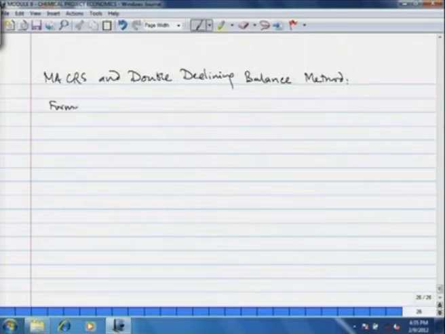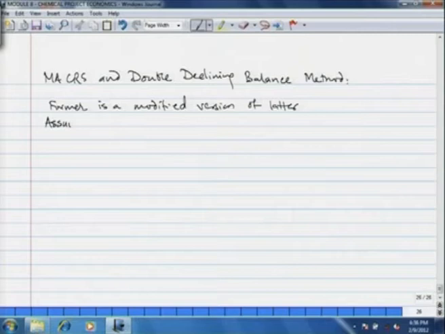The former, MACRS method, is a modified version of the latter. Here we assume no salvage value or scrap value, and then half year conventions are usually used.